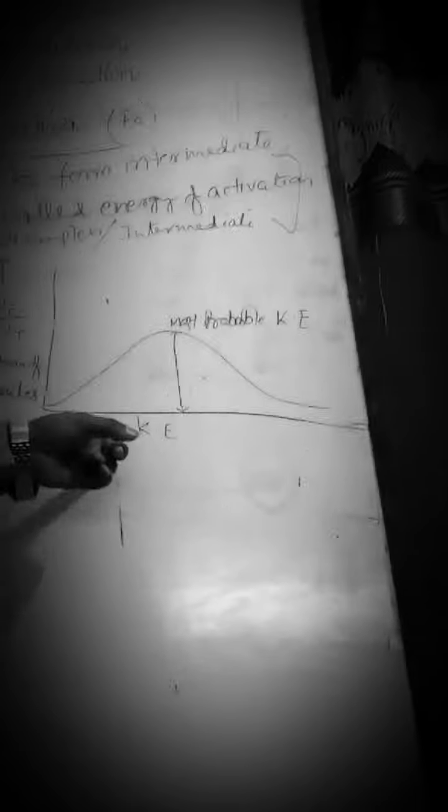This most probable kinetic energy is the maximum, since all the molecules do not have the same kinetic energy in gaseous molecules, because they move with various speeds. Therefore, the number of molecules having kinetic energy E, divided by the total number of molecules, is the fraction of molecules when plotted against kinetic energy. The peak of the curve is the most probable kinetic energy.